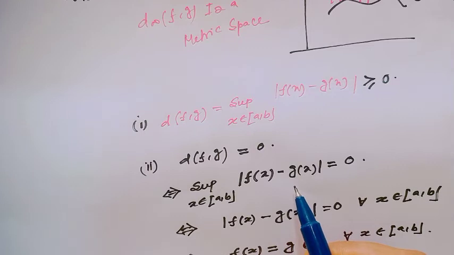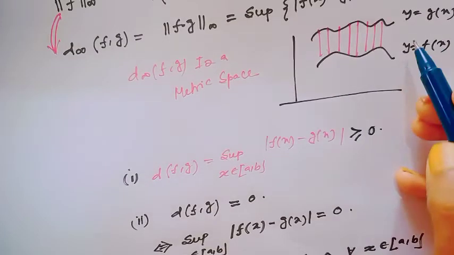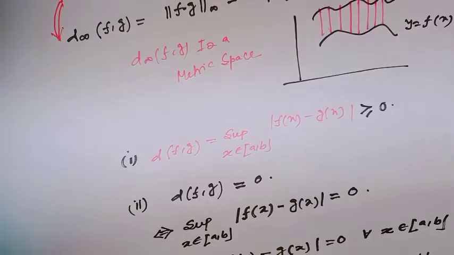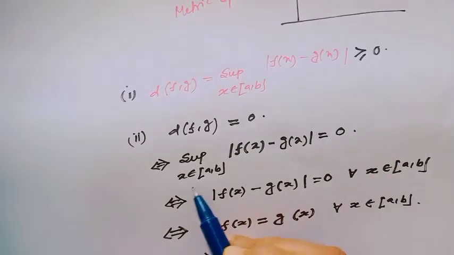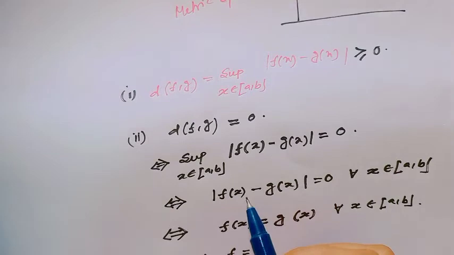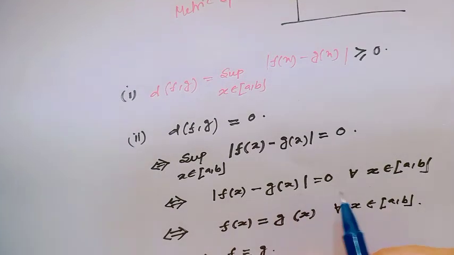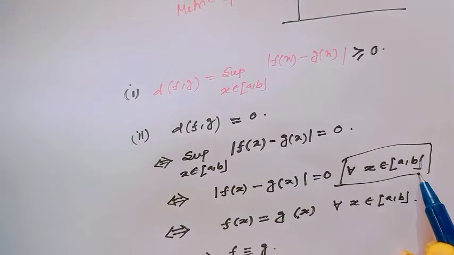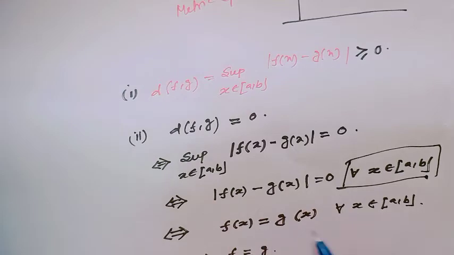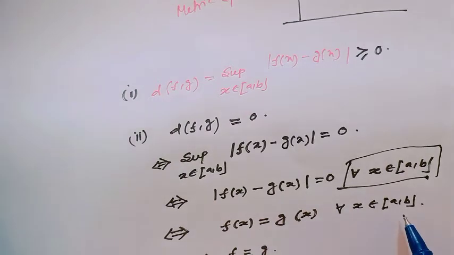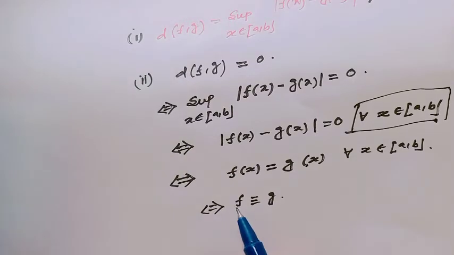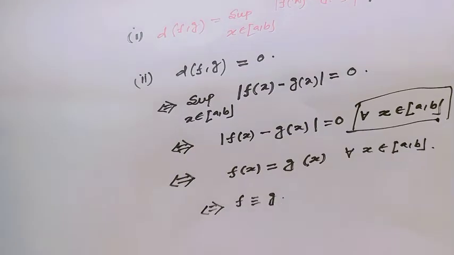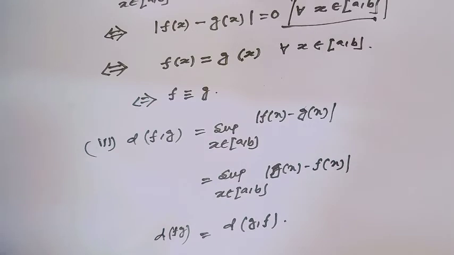That means the supremum distance of these two functions is equal to 0, which means the absolute value of f(x) minus g(x) equals 0 for all x in [a, b]. That implies f(x) equals g(x) for all x in [a, b], so f is identically equal to g.